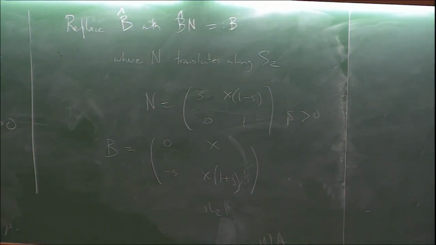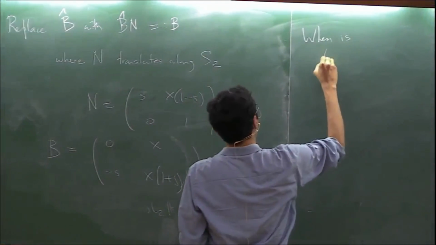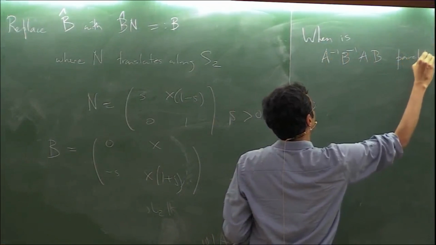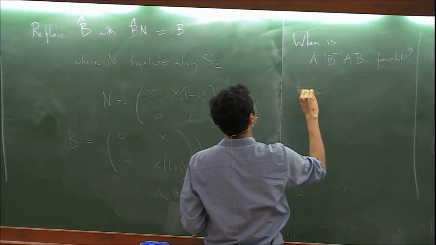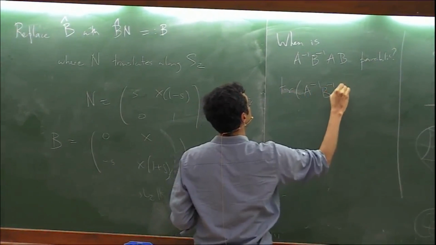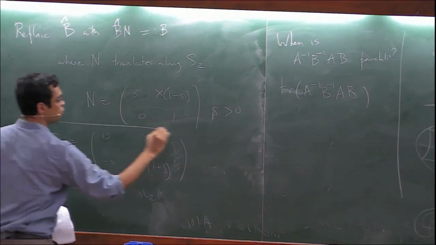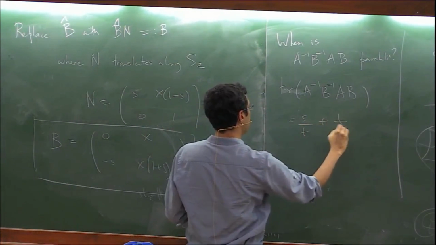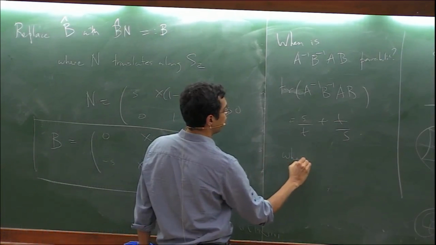But you still need to check that the commutator is a parabolic element. So there's this extra condition. You have to ask yourself, when is A inverse, B inverse, AB parabolic? If you look at the trace of this element, now you know what the matrices are. A is this, and B is this. If you compute the trace of this commutator, you should get s/t + t/s. So when is it parabolic? It's parabolic when s equals t.